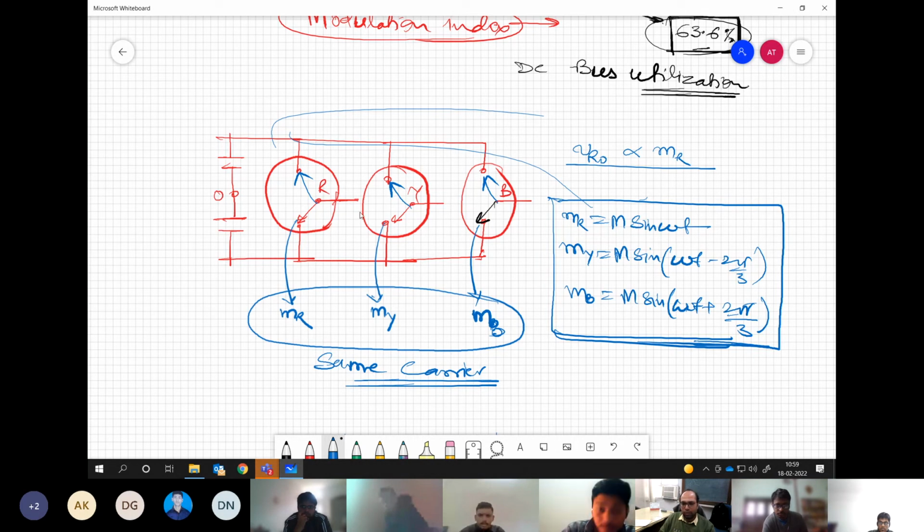The problem is when more switches change their position at the same instant. There is more than one switching happening at the same instant. That is the problem. Correct? That may create some EMI issues, so malfunctioning of the converter or something may happen, which is undesirable.